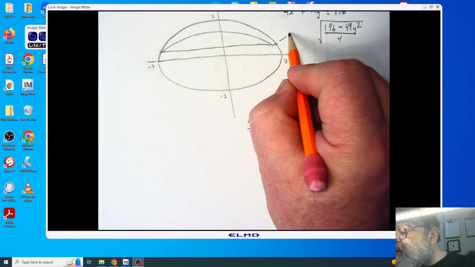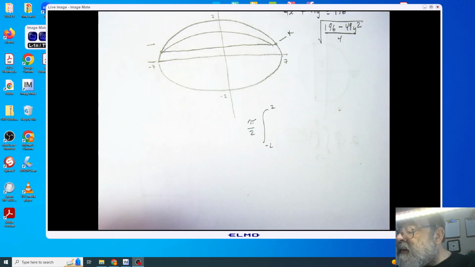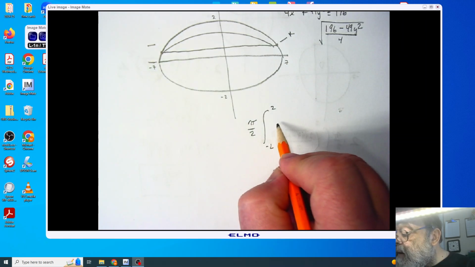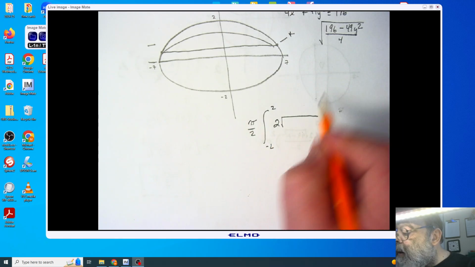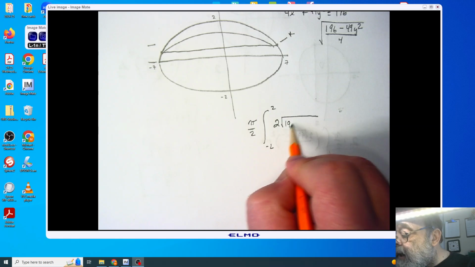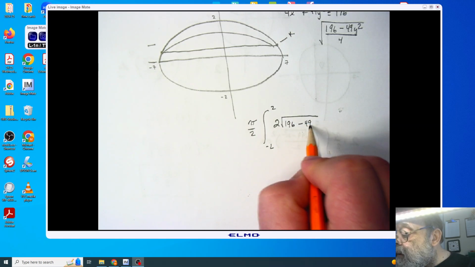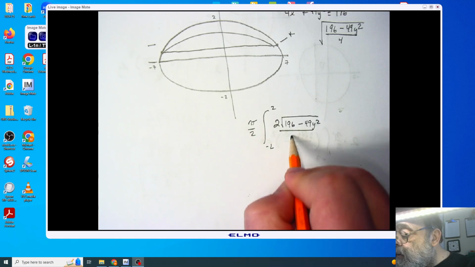And you have one that's going to be the positive and one that's going to be the negative. That's going to give you 2 of them. Notice that the square root of the 4 in the denominator is going to cancel with the 2 in the numerator.